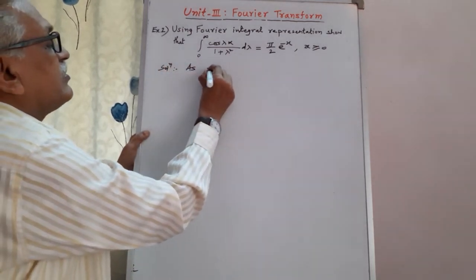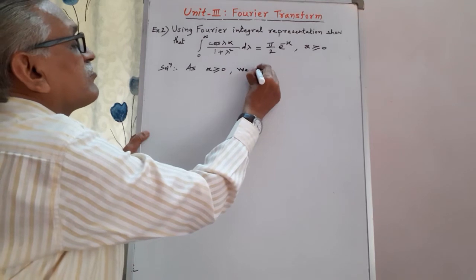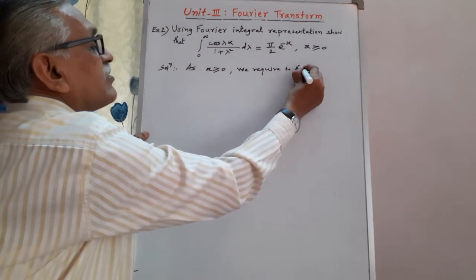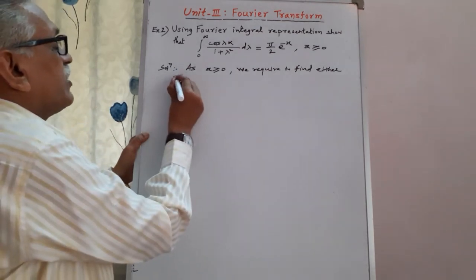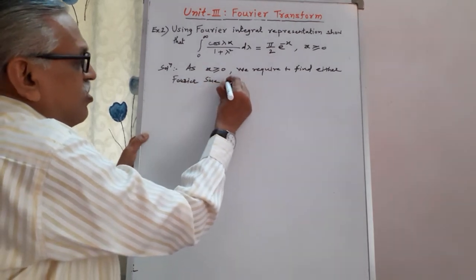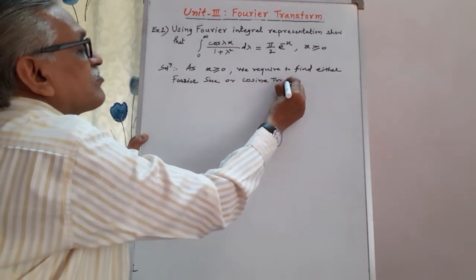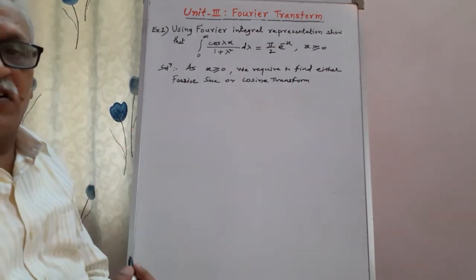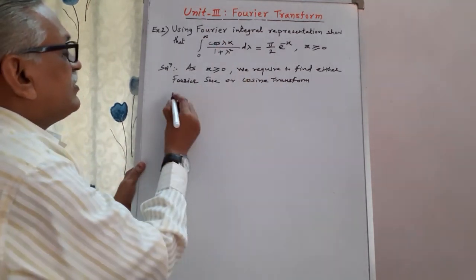As the condition is x greater than or equal to 0, we require to find either the Fourier sine or cosine transform. And to decide whether we are to obtain Fourier sine or Fourier cosine, we have to see the term inside the integral.